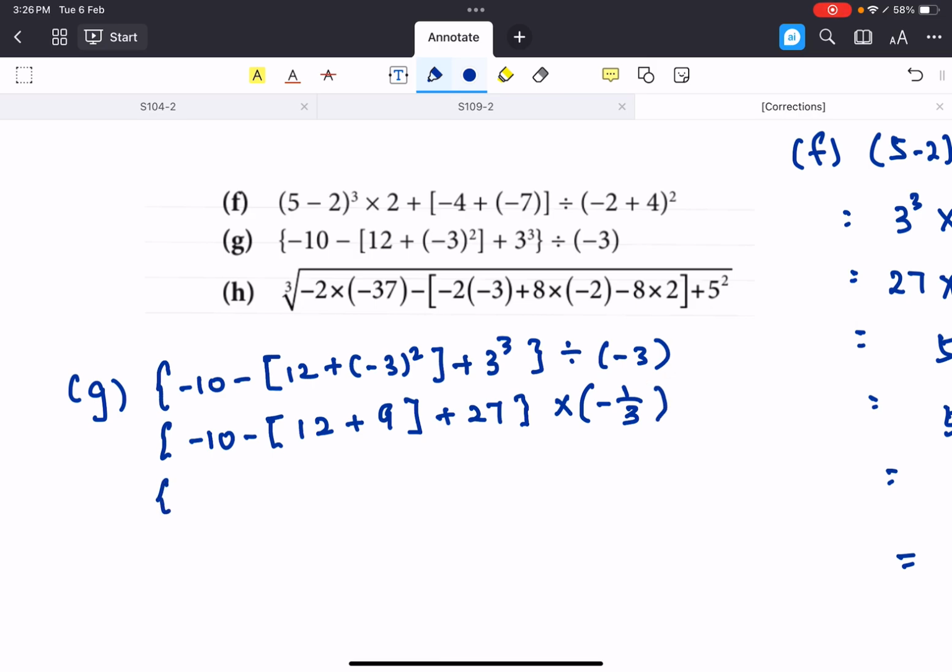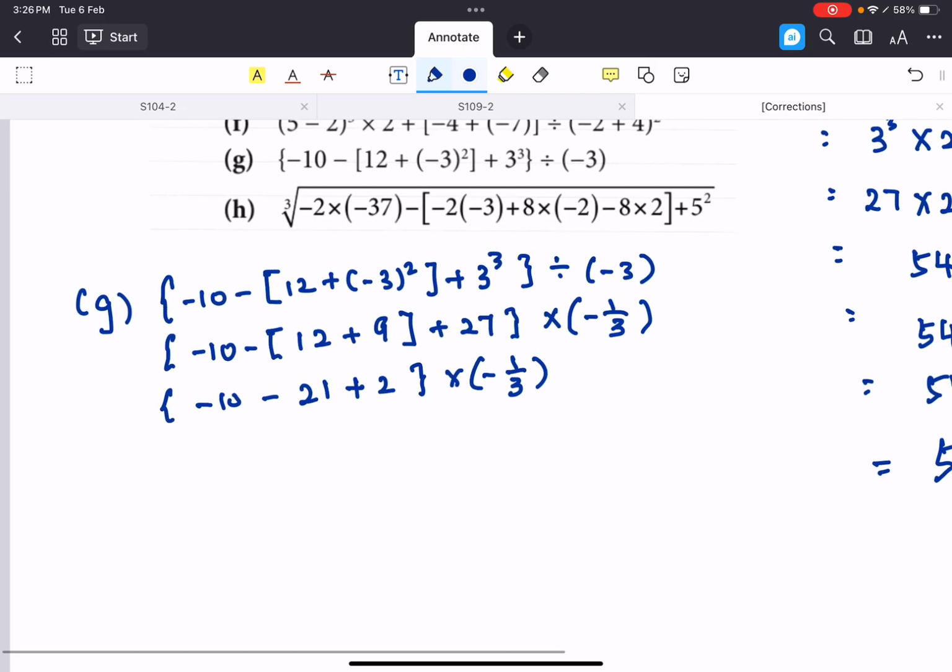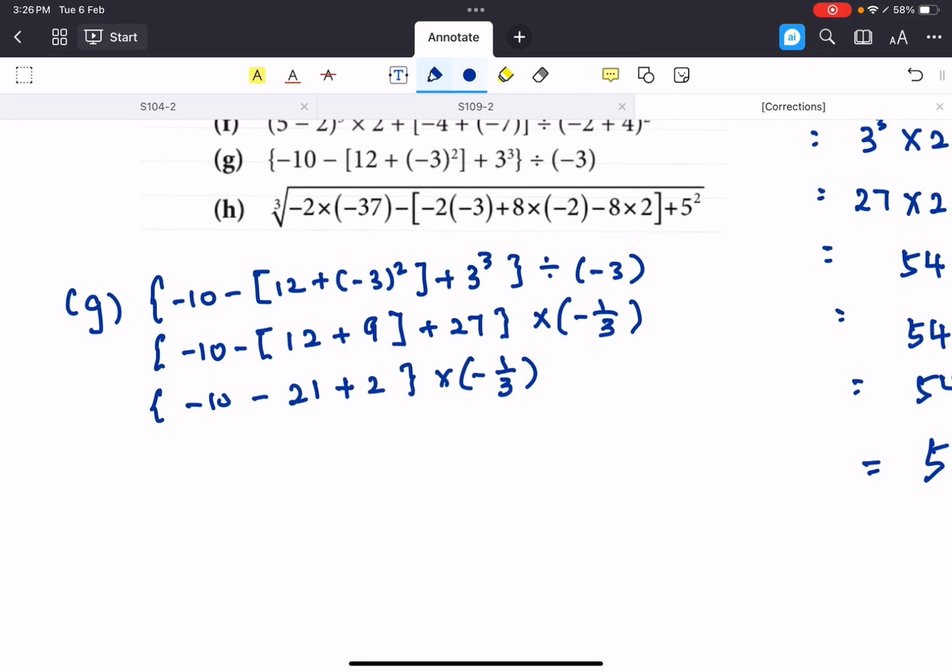Okay, continuing, we have negative 10 minus 12 plus 9 is 21, right? Plus 27 times negative 1/3. So we have negative 10 minus 21 plus 2, that will give us negative 10. Use a calculator, sure.